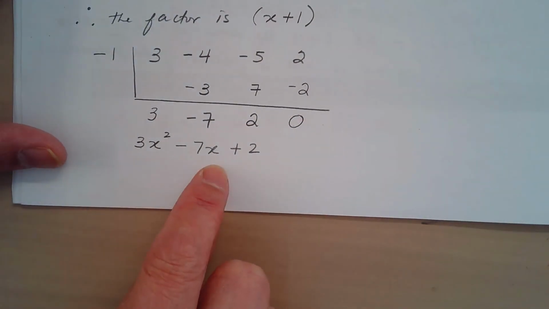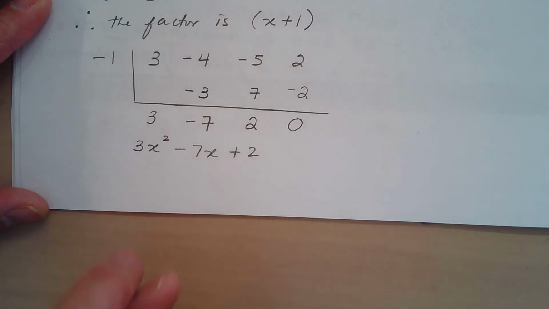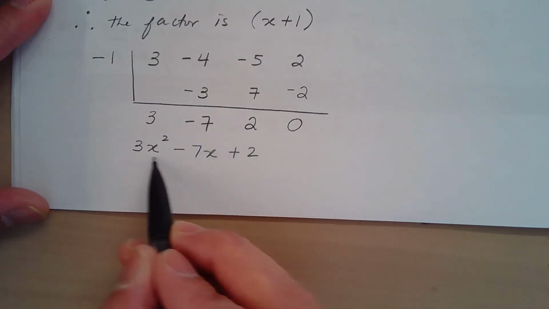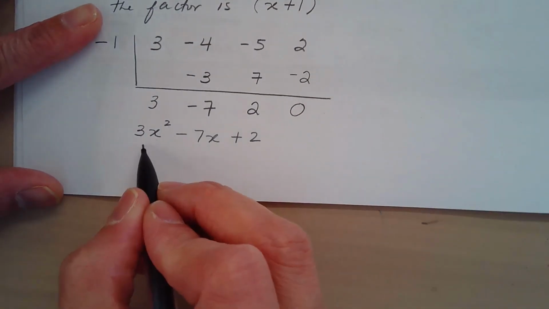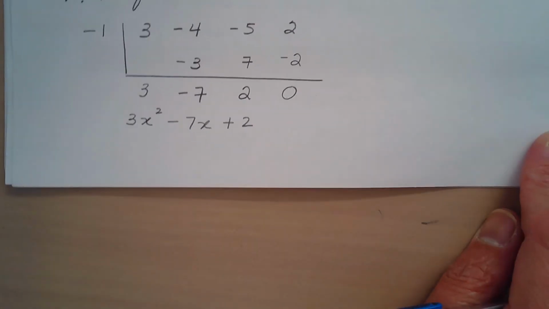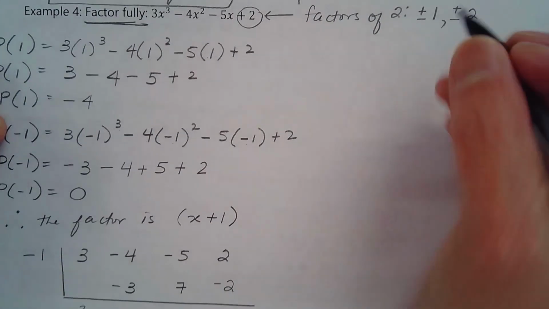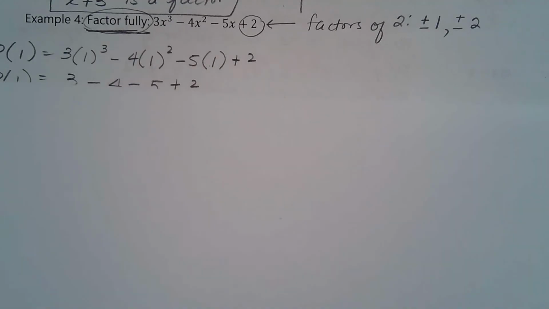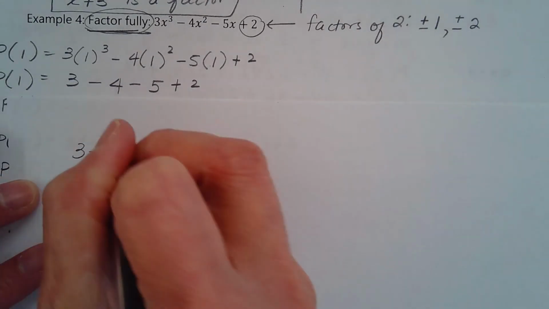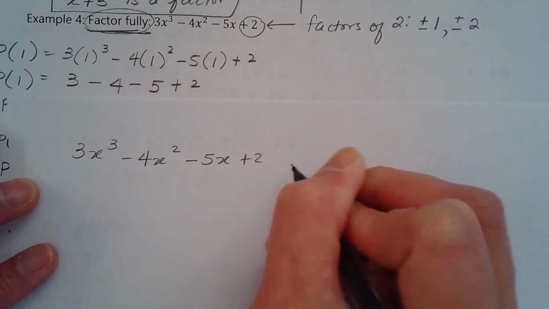So the polynomial has one factor, x plus 1, and we're trying to figure out the other factors. Now, is this one factorable? Why would you divide to find the other factors, not just do what we just did? Good question. I'm going to do it on a separate sheet of paper. This is the polynomial, 3x cubed minus 4x squared minus 5x plus 2.